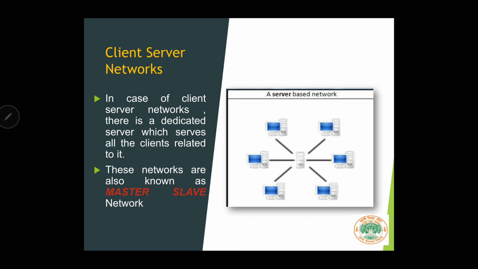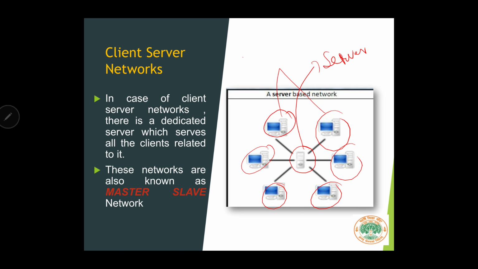Let's go to the next type of network based on component roles. It is the client-server network. So in case of a client-server network, what happens? We have a node which does only the work of a server. Let's say this is the server. And we have certain other nodes which serve only as clients.